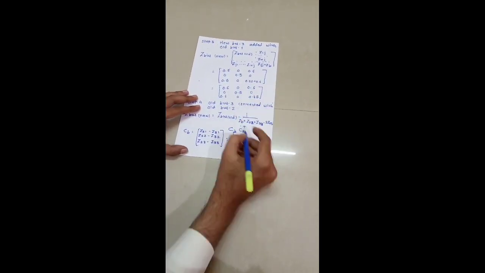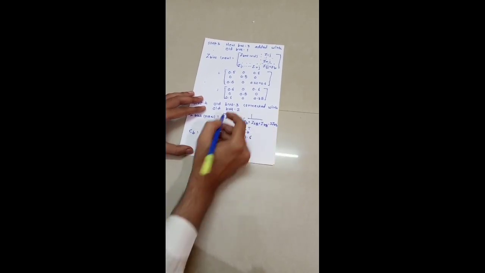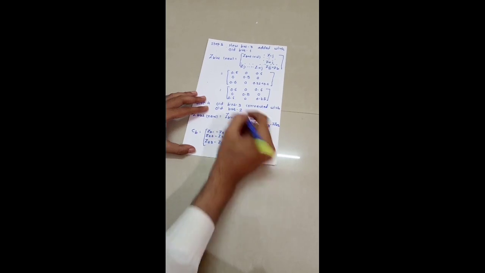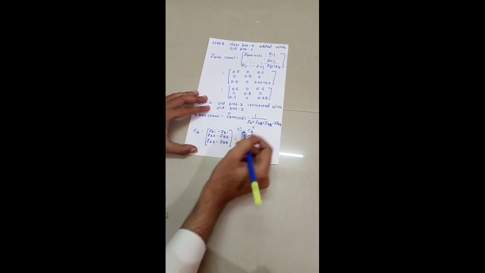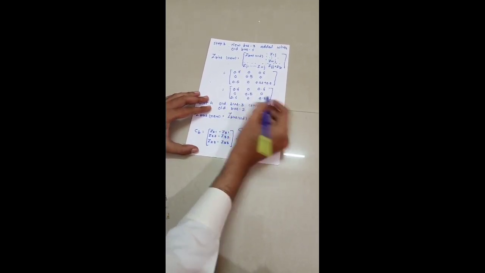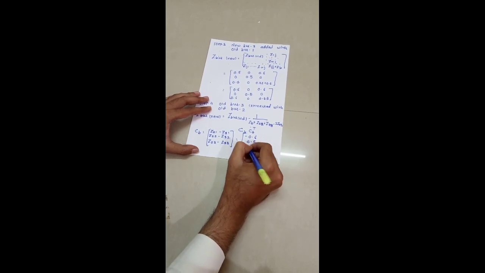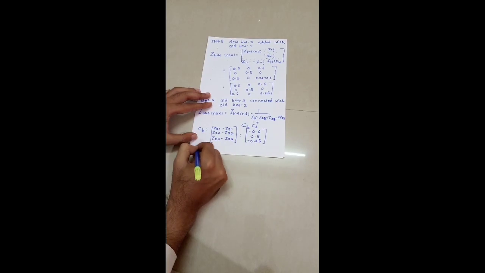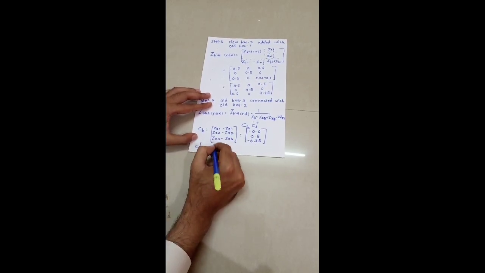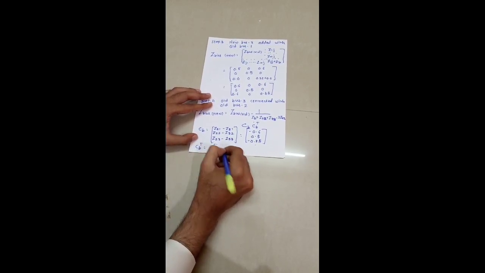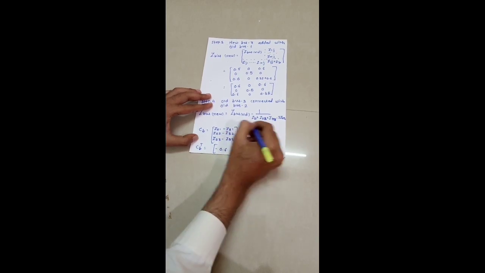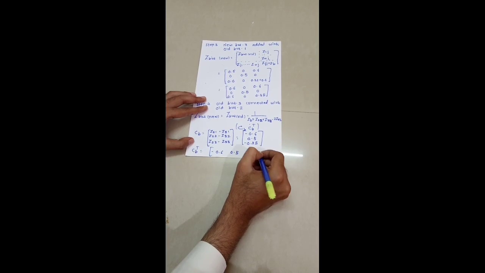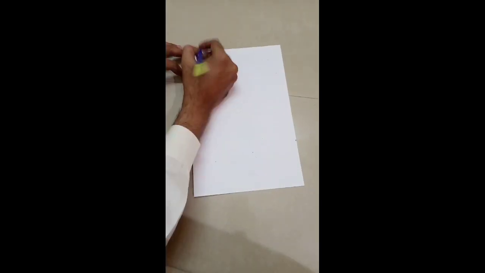Z21 is 0, so 0 minus 0.6; Z22 is 0.5 minus 0, that is 0.5; and Z23 minus Z33 is 0 minus 0.85. And CB transpose is equal to minus 0.6, 0.5, minus 0.85.